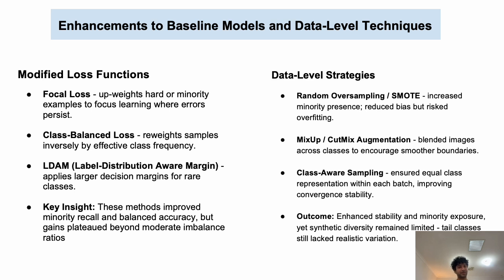And coming to the data level strategies, I've used random oversampling or SMOTE, which increases the minority presence. Now this reduces bias, but the overfitting dramatically increases, to be honest, because you aren't quite seeing any sort of new data with oversampling.